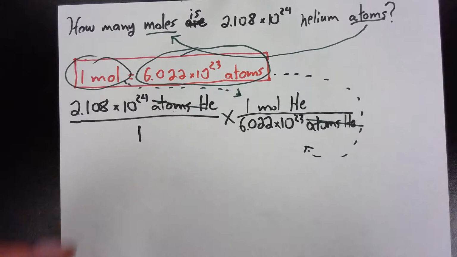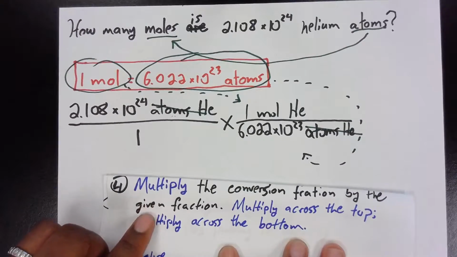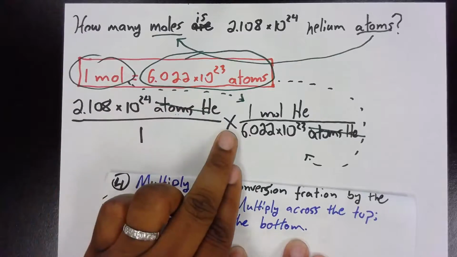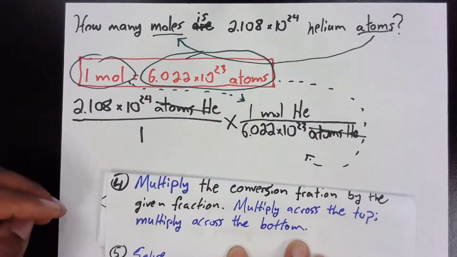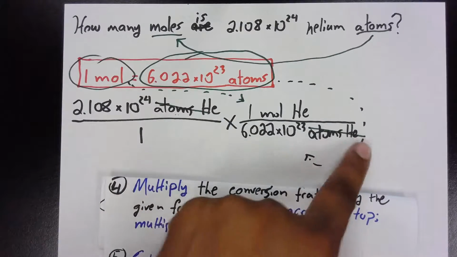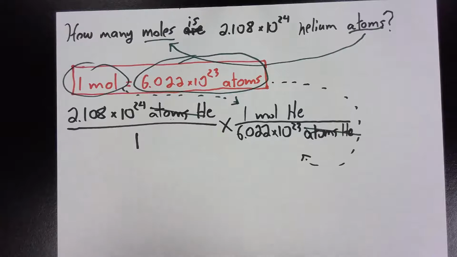The next step is to multiply the conversion fraction by the given fraction. So all this times all this, you do step by step. Multiply across the top, then multiply across the bottom. Let me get some more paper. Here we go.